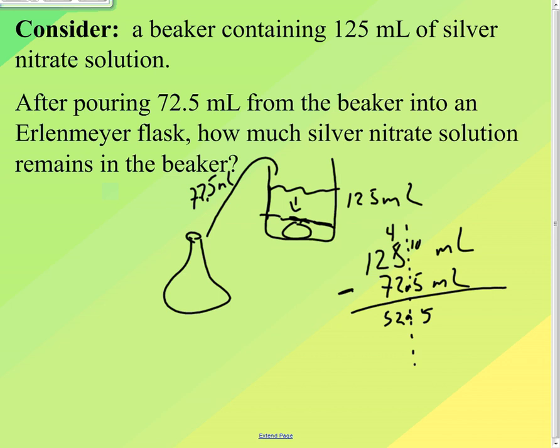I look to my dotted line. This 5 is hanging there. That means I have to get rid of it. Does it round up or down? 52.5 rounds up. So I have to round it to 53. Units are milliliters. So my answer is 53.